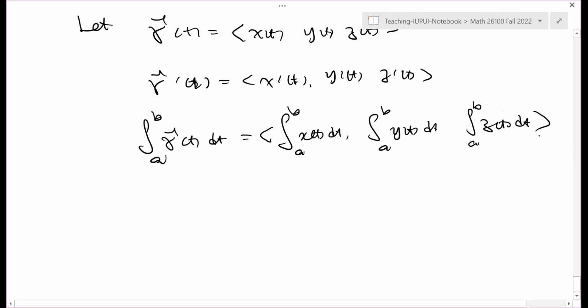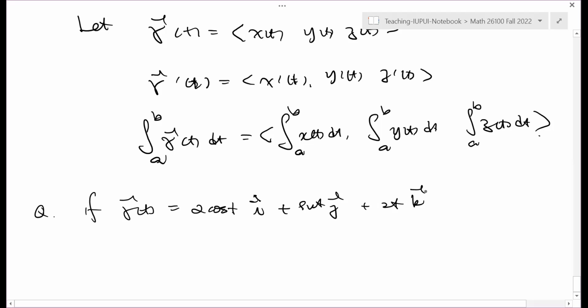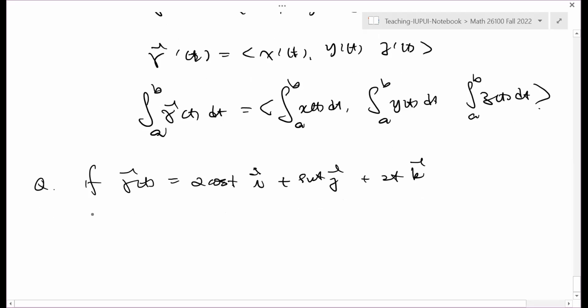If I use i, j, k, then I integrate each component. Okay, so let's take a look at an example. If gamma of t equals 2 cosine t i plus sine t j plus 2t k, I can just use the standard notation for the vector. Okay, let's find out.